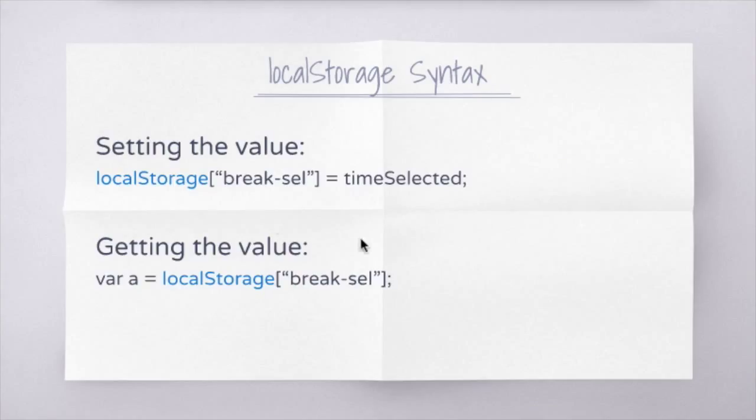But it's literally like this. You just pretend that you have a pocket called local storage, and you want to stick your time selected, a value, and you say, hey pocket, when I say break-cell, return the time to me. So this is how you set the value, and this is how you get the value. It's literally just like a magical purse, pocket, whatever.